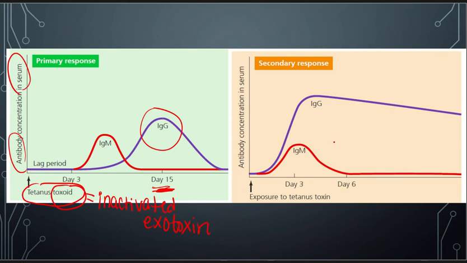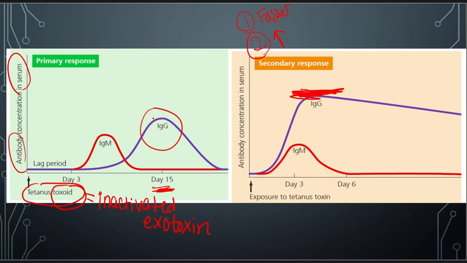But if you compare that to the secondary response, not only is there not a lag period, but IgG responds pretty immediately. So the two things I want you to take away: it's a much faster response the second time around when it's re-exposed to that antigen again, and also you have a much greater magnitude in the response.